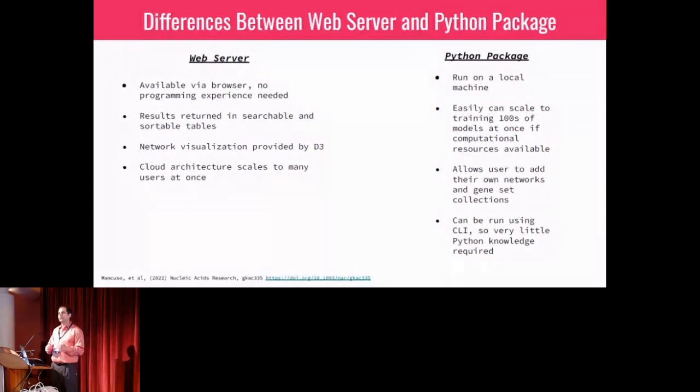The Python package you can run locally, but you can also easily scale it to run hundreds of times if you have compute clusters. You can also just run it on the command line interface. Basically, you install a Python package, write one line of code on the command line, and then you get all the results back.